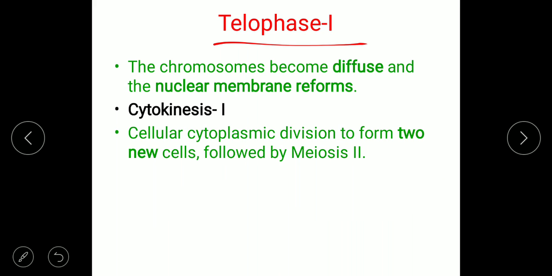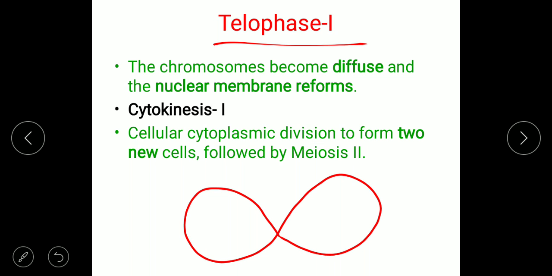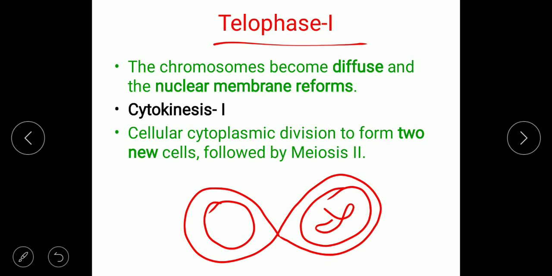The cellular cytoplasm divides to form two daughter cells of equal size with haploid number of chromosomes. Here we will find these two new cells with N or haploid chromosome numbers.